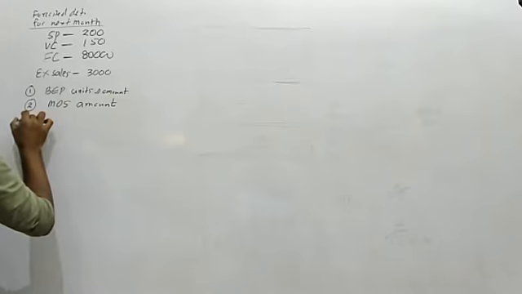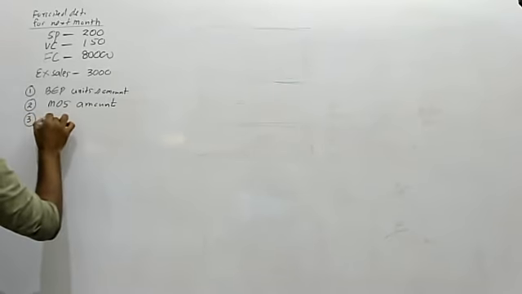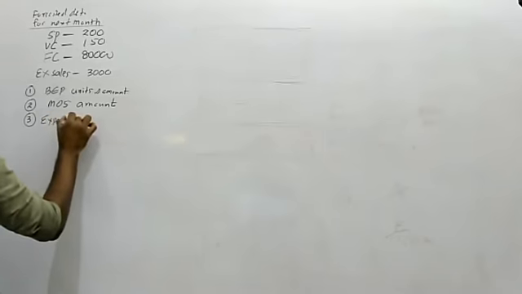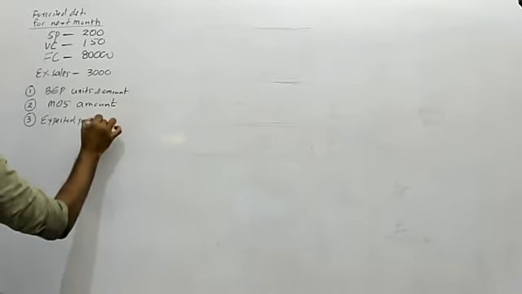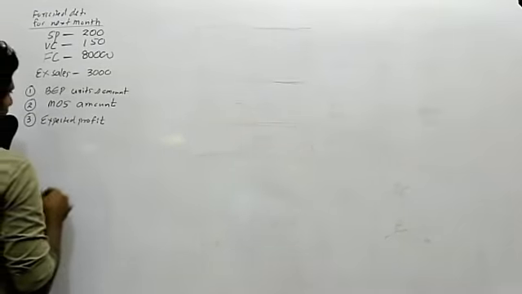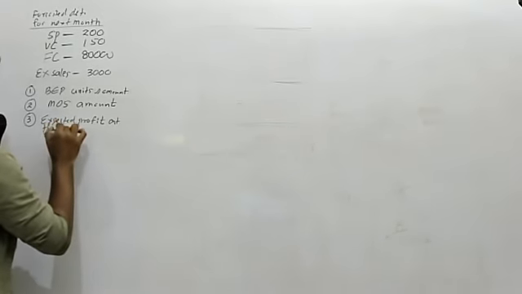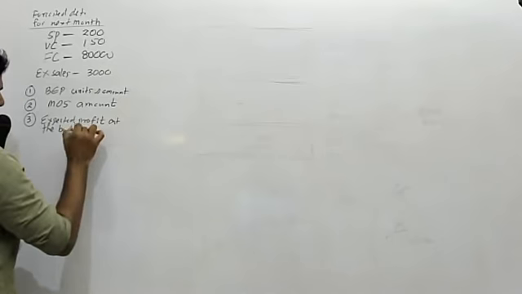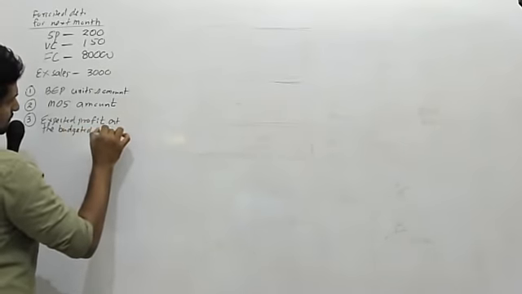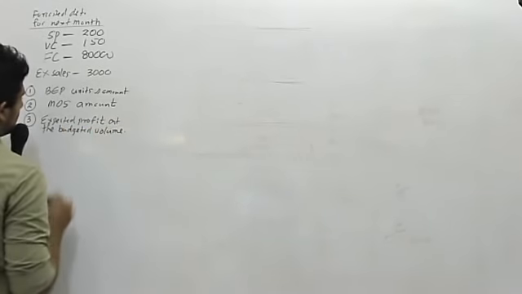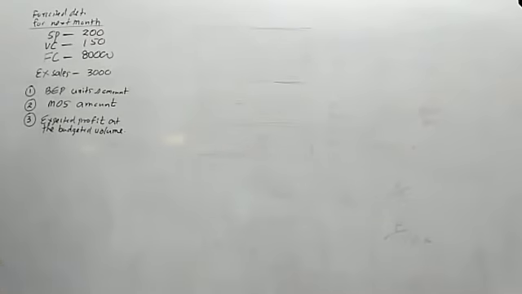Number two, margin of safety amount. Number three, expected profit at the budgeted volume.